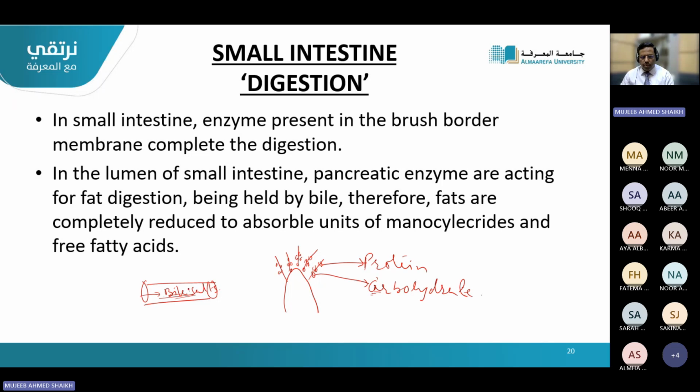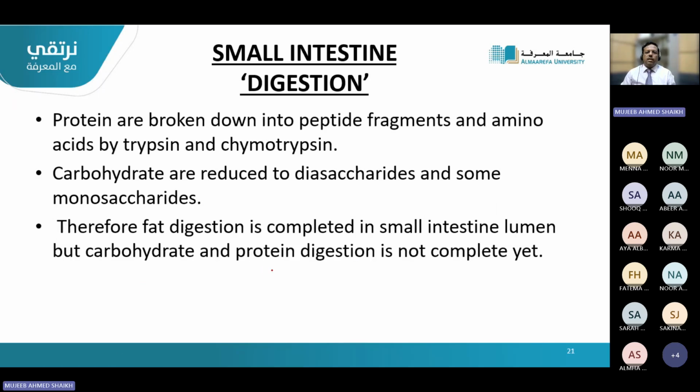Bile salts cause the degradation or absorption of fat. Protein is broken down into peptides and later amino acids. Carbohydrate will be changed to disaccharides or some monosaccharides.